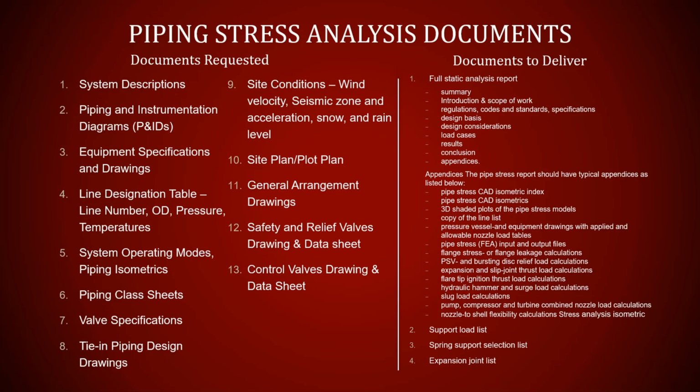Piping stress analysis documentation. We have required documents and deliverables. The required documents are a system description, the PNID, and the equipment specification drawing, which has a table for the nozzle allowables. This is a must, and if it's not in the drawing, you need to ask the vendor for it.